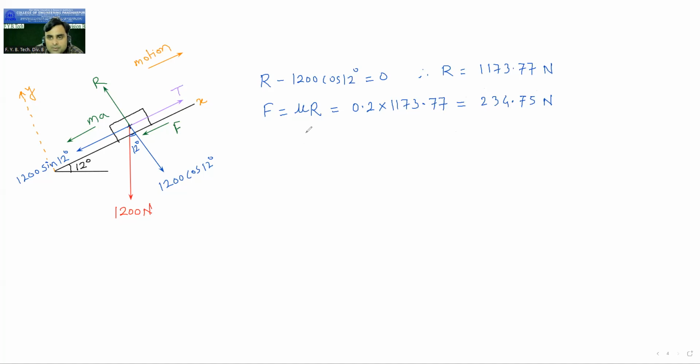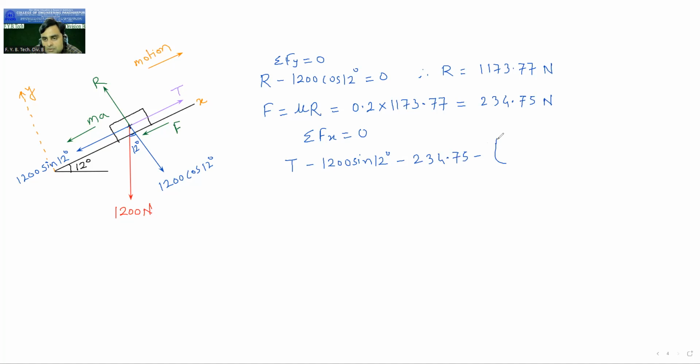Okay. Now apply summation Fy equal to 0, which we have already applied. Now summation Fx equal to 0. This T is moving towards the right side, so T minus 1200 sine of 12 minus the frictional force 234.75 minus the inertia force MA.